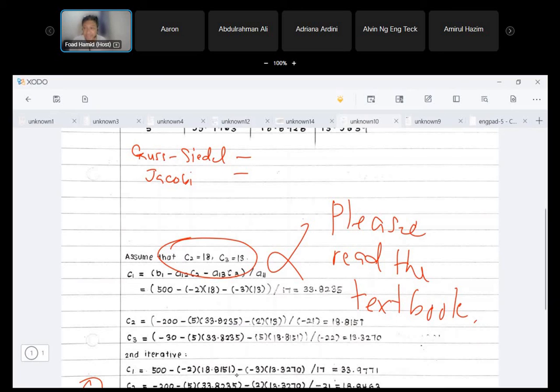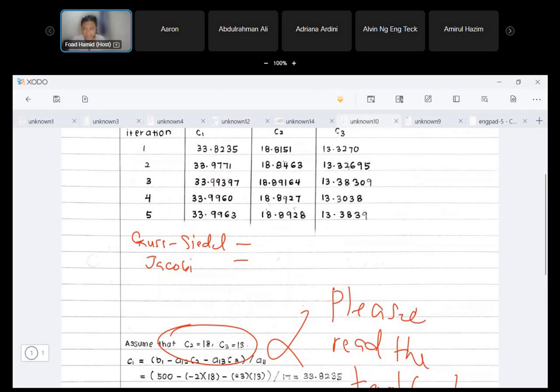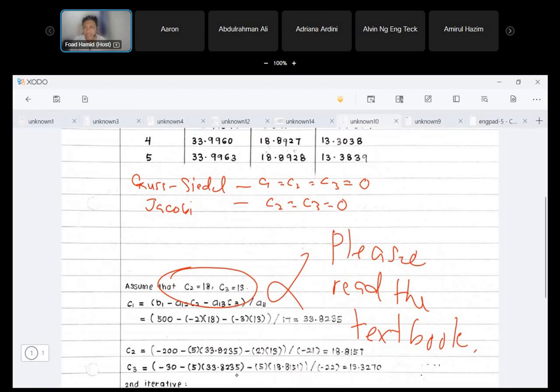If you read the textbook, it says that for Gauss-Seidel, your initial guess is that C1 equals C2 equals C3 equals 0. And for Jacobi, C2 equals C3, which must equal 0. And this is stated in the textbook.